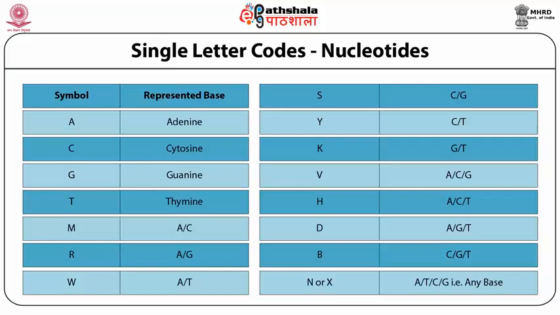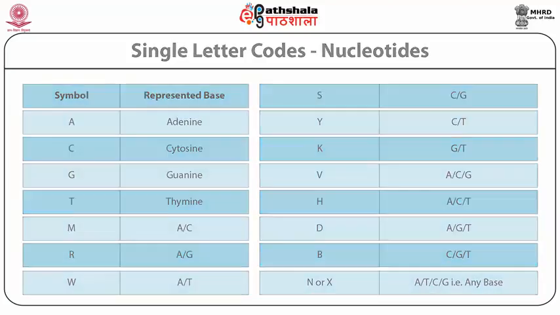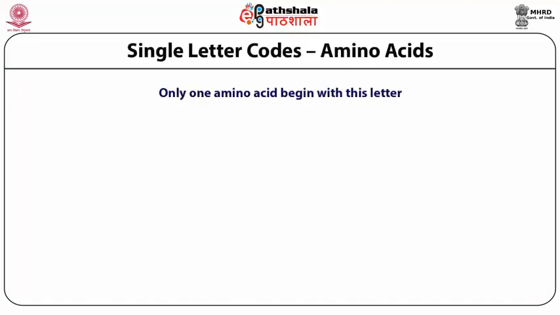In RNA, U is used for uracil. When we are not sure about the base in the sequence data, then the letter N or X is used arbitrarily. Similarly, there are recommended single letter codes for each of the 20 amino acids present in proteins.